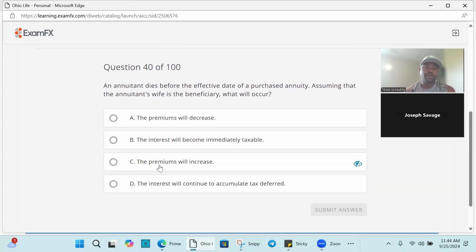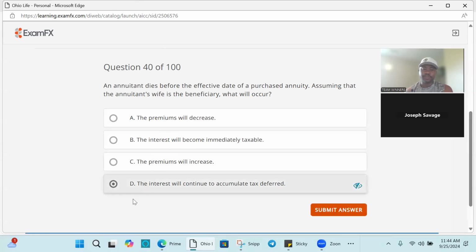An annuitant dies before the effective date of the purchased annuity. Assuming that the annuitant's wife is the beneficiary, premium will decrease, interest will become immediately taxable, premium will increase, or the interest will continue to accumulate tax deferred.